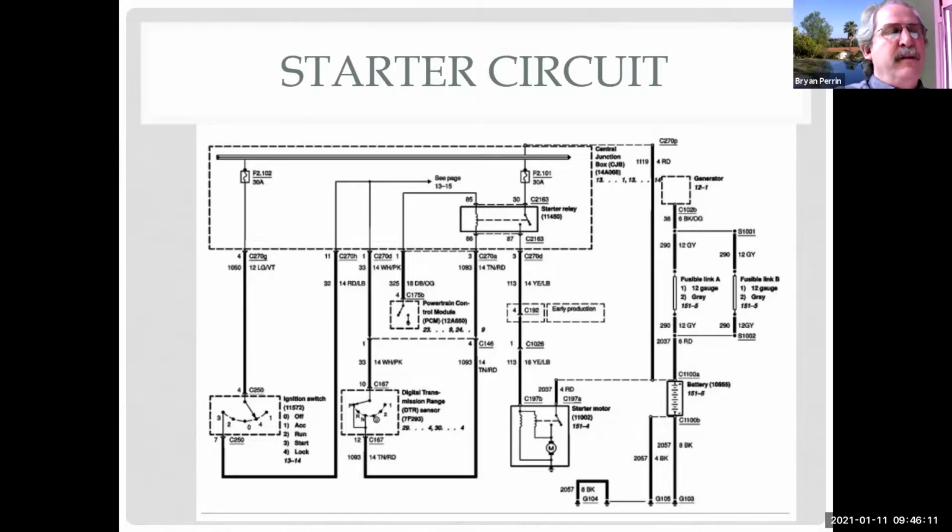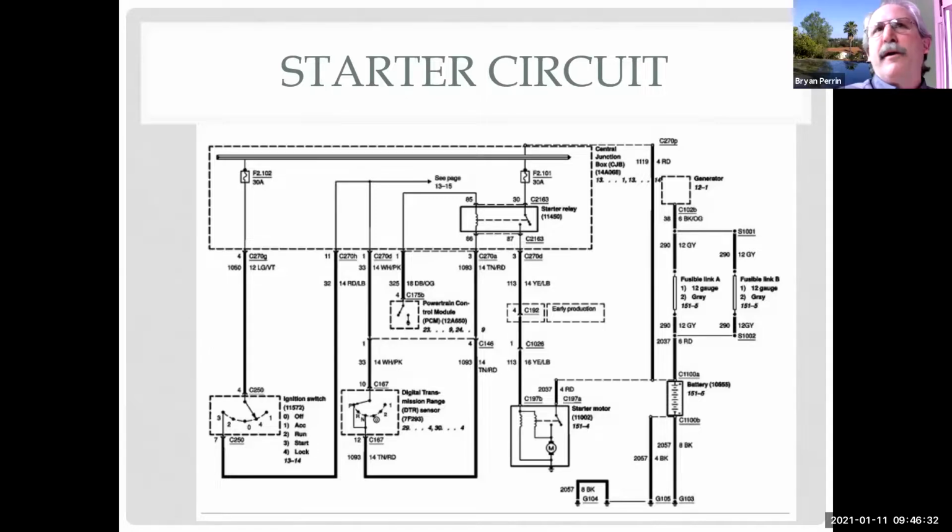A solenoid can be used to switch electricity like we're doing here, but I can also use it to put fuel in the engine and call it a fuel injector. I can use it to recirculate exhaust gas and call it an EGR valve. I can use it to change the timing on the car and call it a VVT solenoid.